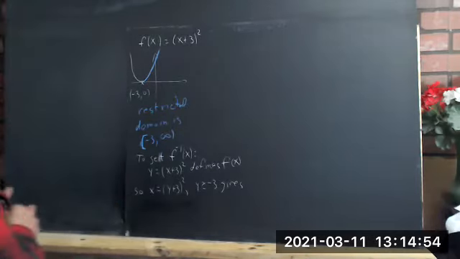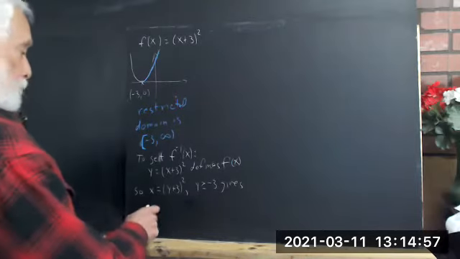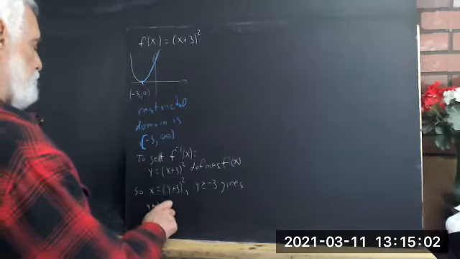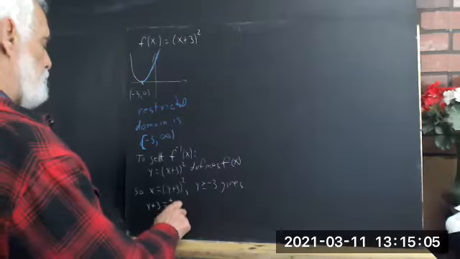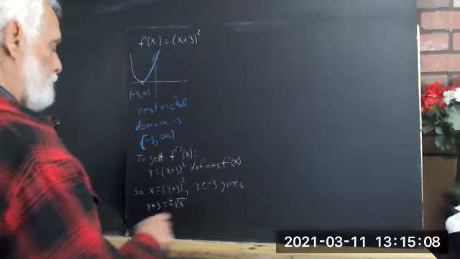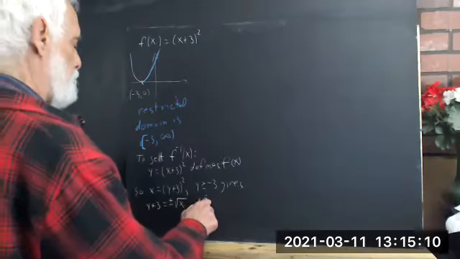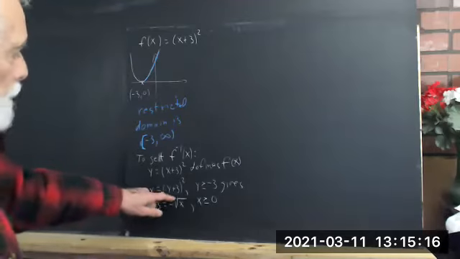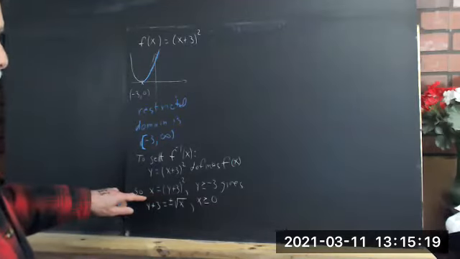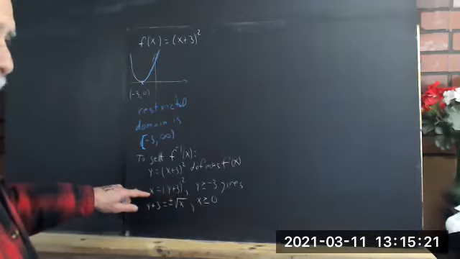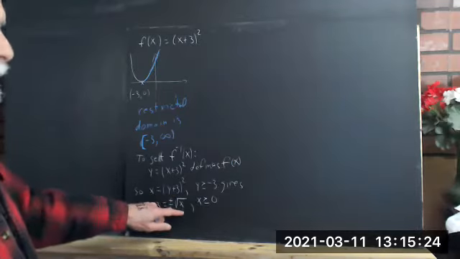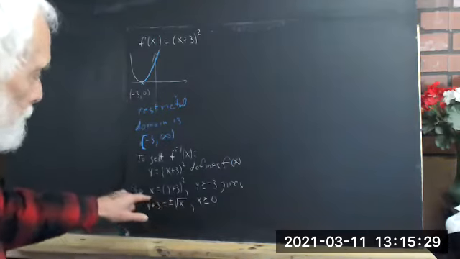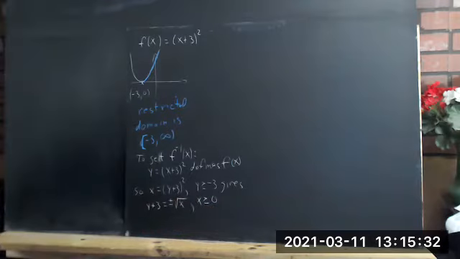The easier way to solve this is to say that, because the square of a quantity equals something, then that quantity is plus or minus the square root of that something. To do the square root, x can't be negative, so x has to be greater than or equal to 0.